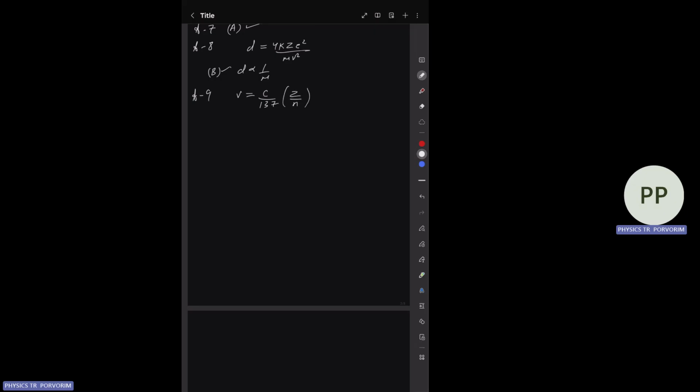Here Z is equal to 2 and n is 3. When we put in the values and solve it, we get 1.46 into 10 to power 6. So the correct option is C.